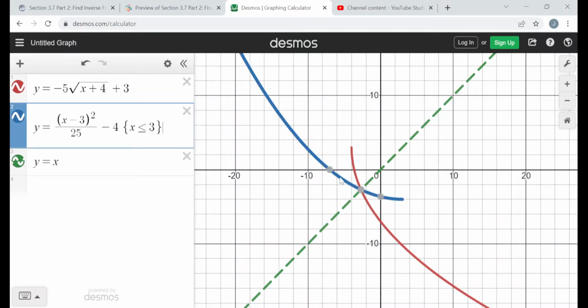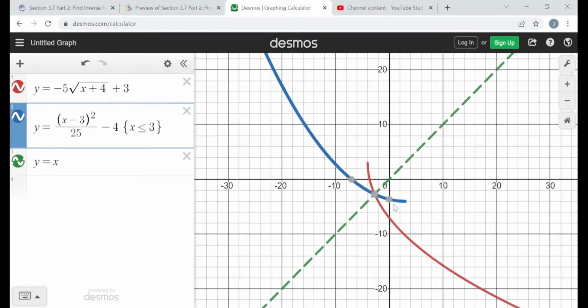This blue graph that just showed up, see how the furthest right point here is 3, negative 4? That's just the point negative 4, 3 on the red graph reflected across the line y equals x. Every point on the red graph and blue graph are just reflections across the line y equals x.